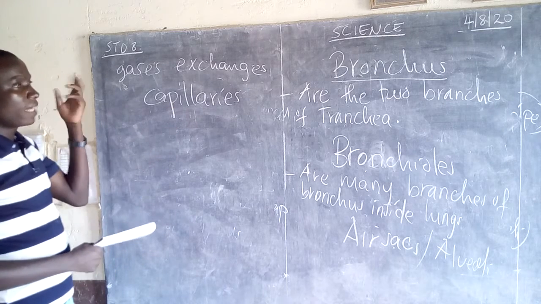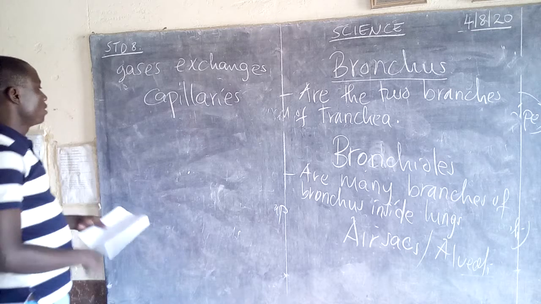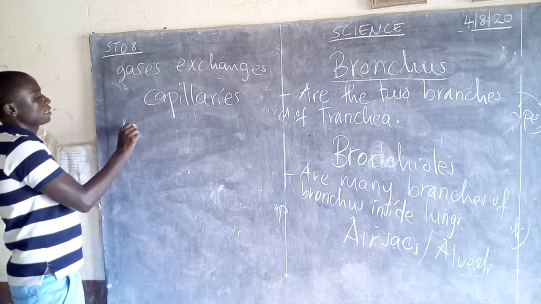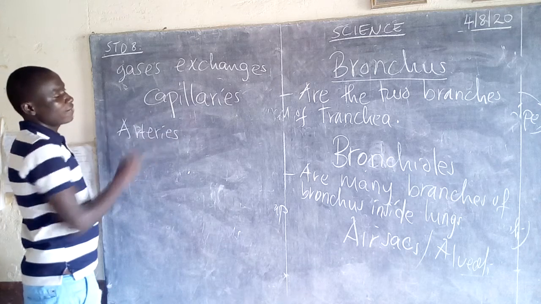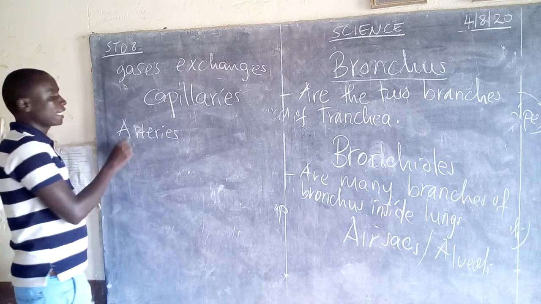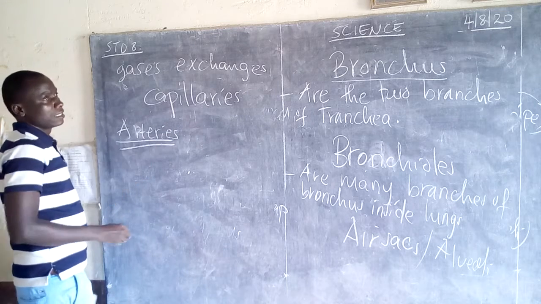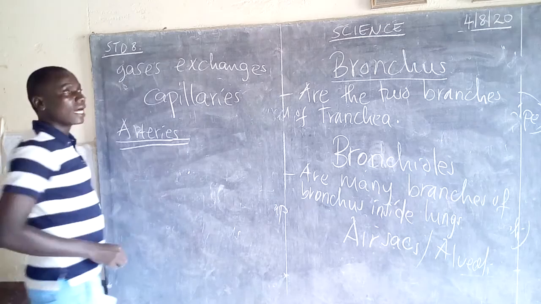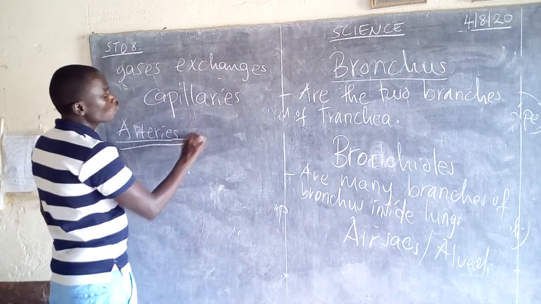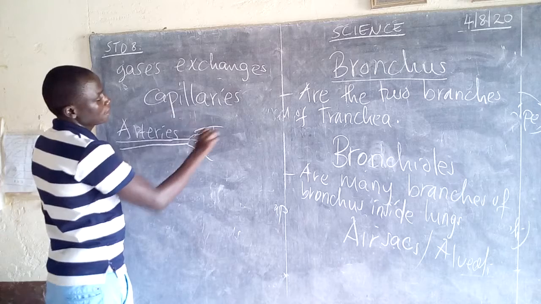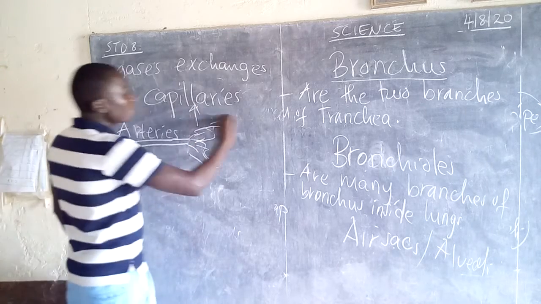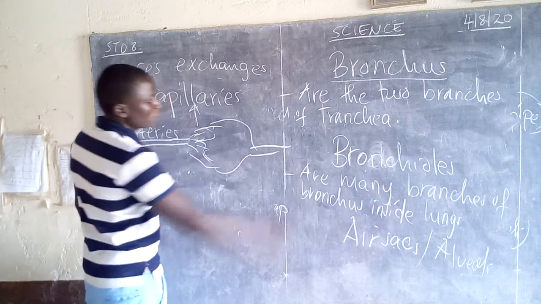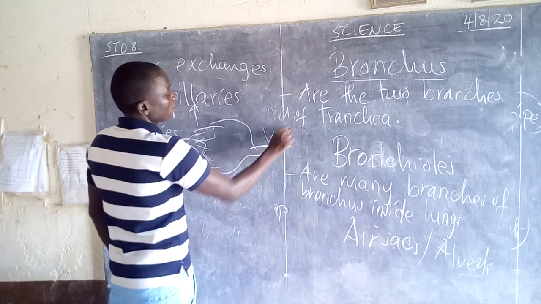Among the blood vessels, we have arteries, carrying blood from the heart. When it reaches the organ, the artery will break into so many small branches. These small branches are called capillaries. Then outside the organ, they join together again to form one vessel called a vein.